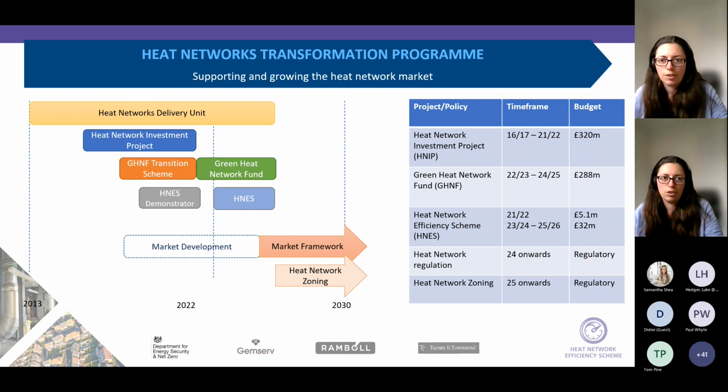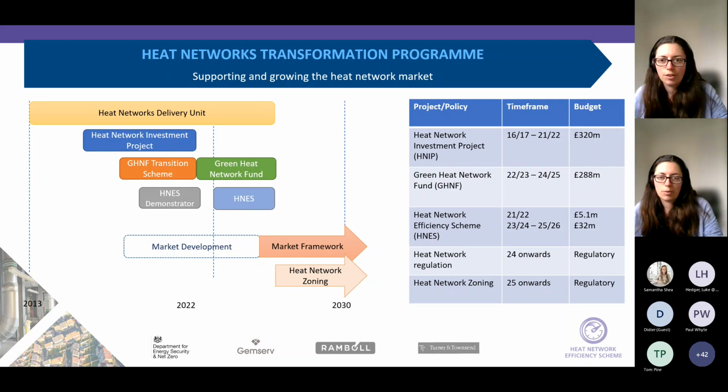That's now closed to new applications and is somewhat being replaced by the Green Heat Network Fund, which again is supporting the development of new heat networks, but also supporting the transition towards low carbon heating sources within existing heat networks.